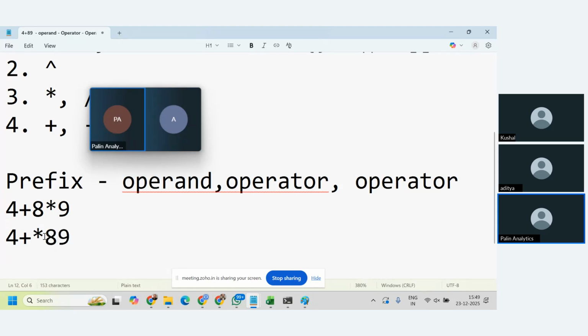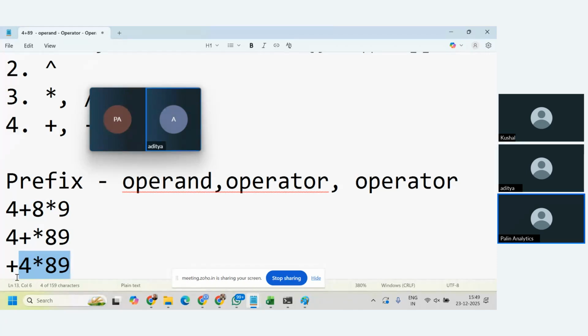So this is the prefix conversion of just this portion. Now this portion is just one unit. At the next step, this plus, and then into, plus 4 into 8 9. So this entire expression, which was in infix, is now converted into prefix.